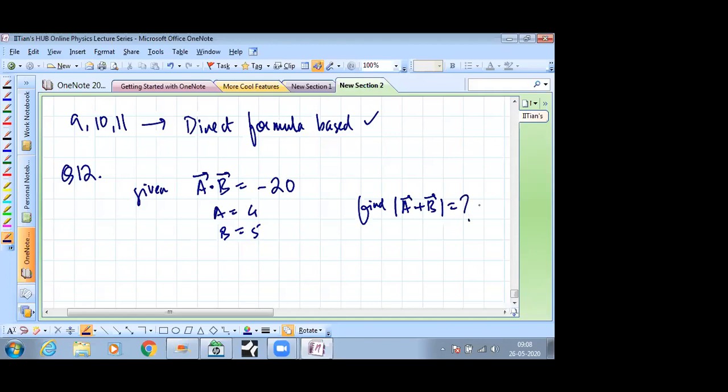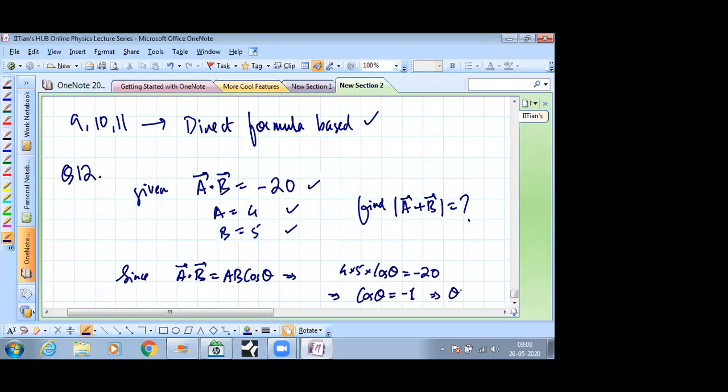So if you recall in triangle law, for mod of A plus B, we need what? We need their magnitudes, which are given. And we need also theta, the angle between them, which is indirectly given. Since A dot B is equal to AB cos theta, here you can see that 4 into 5 into cos theta is equal to minus 20, showing you that cos theta is minus 1, or that theta is equal to 180 degrees.